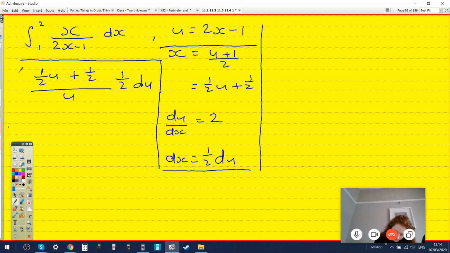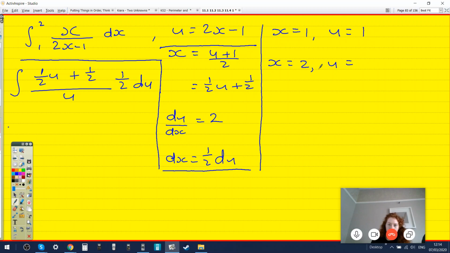And remember we had our integral between 2 and 1. Yeah. So with these, you have less work at the end, but you have more work at the beginning. When x equals 1, what does u equal? Is it just 1?